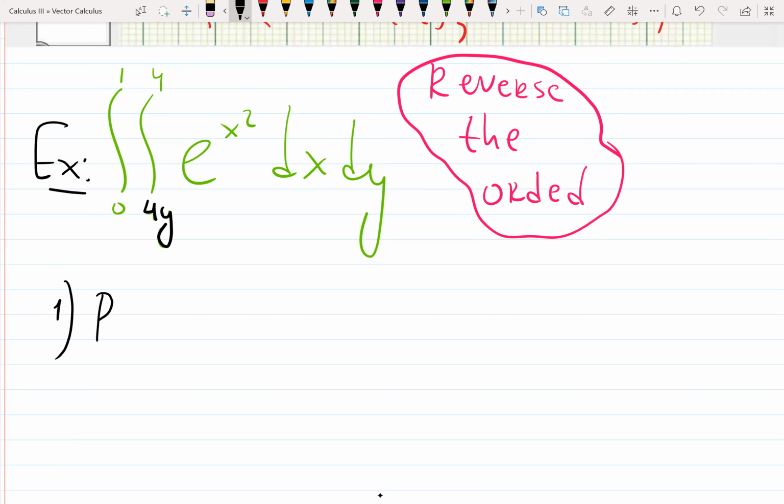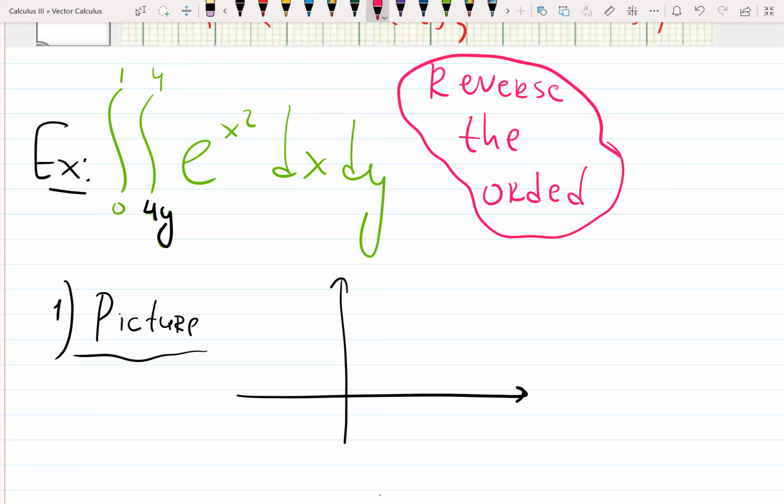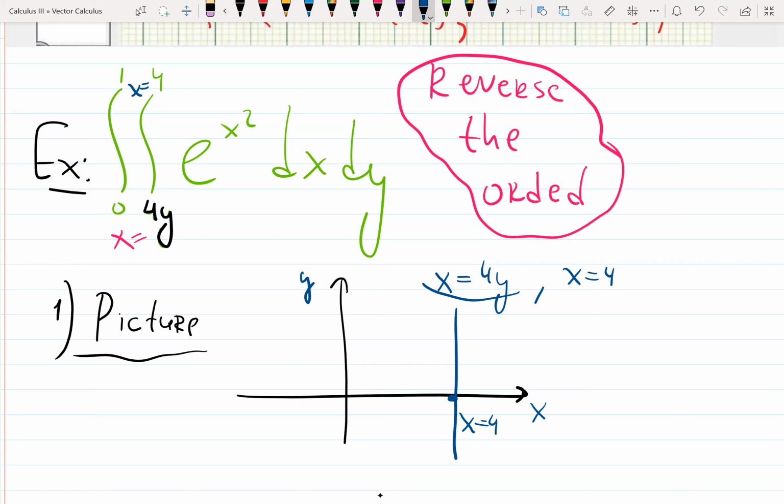Step 1, the picture is the key. Let's draw this. To draw these things, you need to review that x is a function. Let's make a list: x is 4y and x is 4. Those are functions. x equals 4 is easy to draw, it looks like that, x equals 4 on the x-axis. For x equals 4y, which is y equals x over 4, if you don't know how to draw this, you just need 2 points.